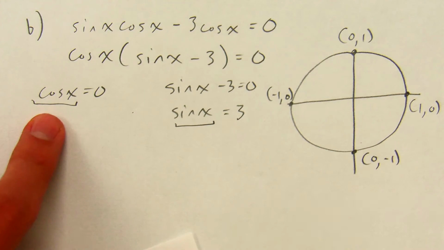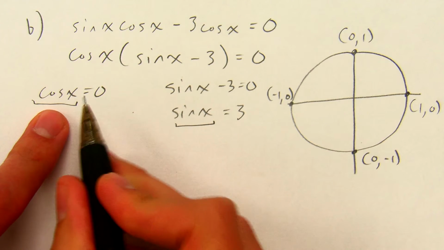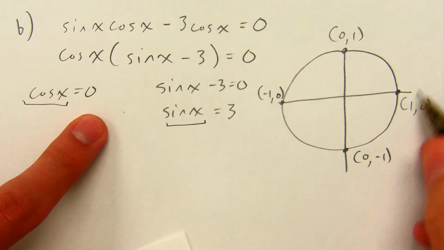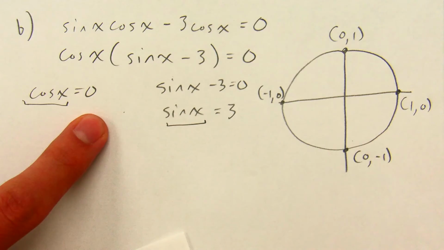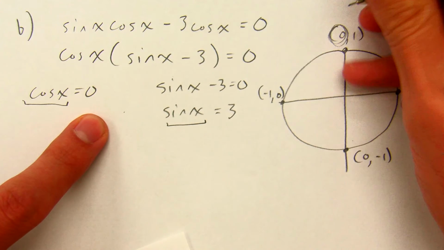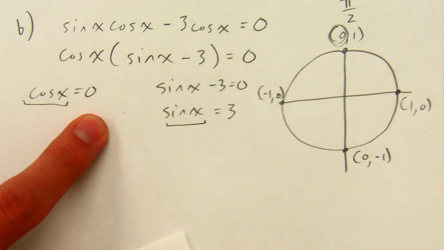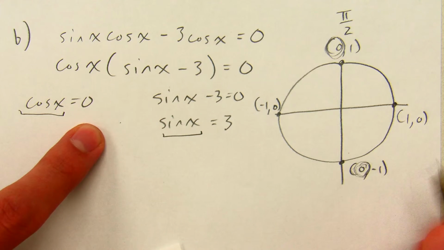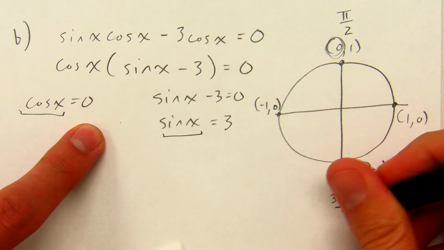Okay, let's start with cosine x equals 0. Remember, cosine is the x value on the unit circle. For what values, for what angles is the x value 0? Here's one, an x value of 0. That angle is pi over 2. And here's one with an x value of 0. That angle is 3 pi over 2.